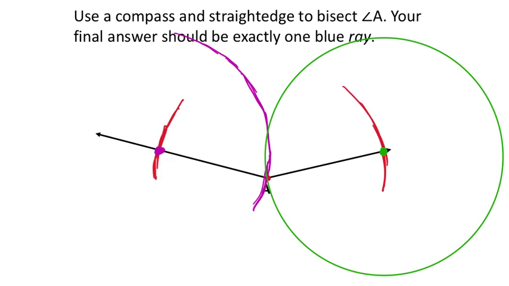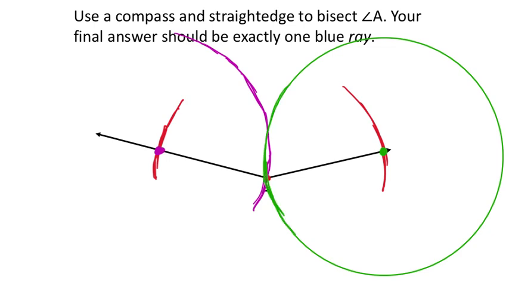So I have that green circle, and you can see it goes through this point A, arcs, and then comes back into this purple line. That's the point that I need. The intersection of the green and purple circles is where I'm going to draw the ray that will bisect, or split in half, this angle right here.